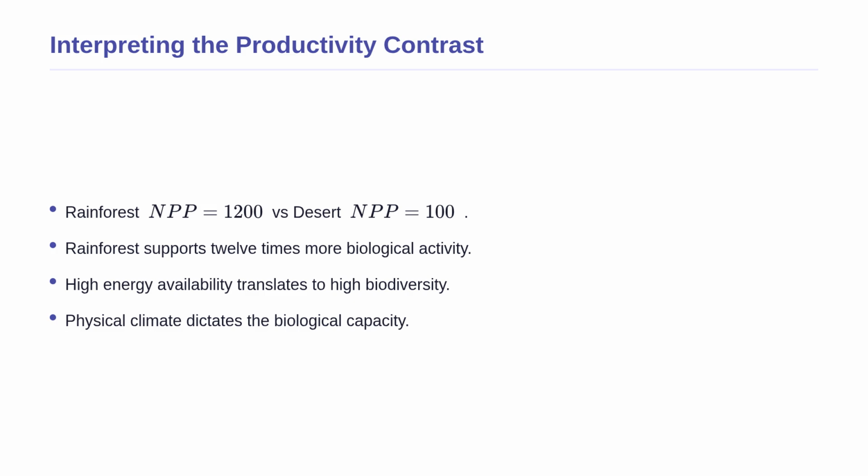We can physically interpret this to mean that the rainforest ecosystem type can support 12 times more biological activity than the desert ecosystem type. High energy availability directly translates to high biodiversity. This proves that the physical climate, the sunlight, the rain, the temperature, ultimately dictates the biological capacity of any ecosystem on Earth.